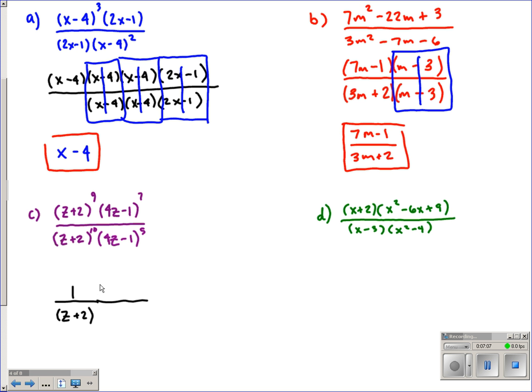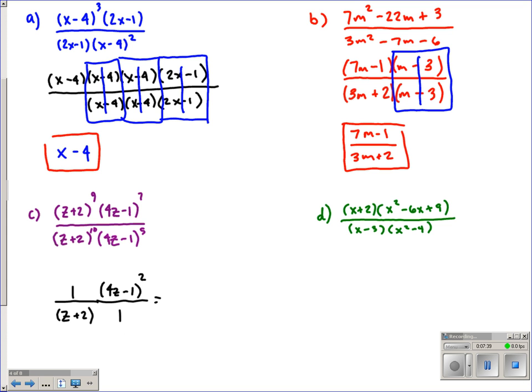And we'd be multiplying that by 4z minus 1 to the 7th, and we have 5 of them here. Well, for every 1 we have here, we're going to be removing 1 from the denominator. So what happens when we remove all 5 from the denominator? We're going to have 2 left over at the top. So we're going to have 4z minus 1 squared, because there's 2 of them left over, and everything on the bottom would have turned into a 1.